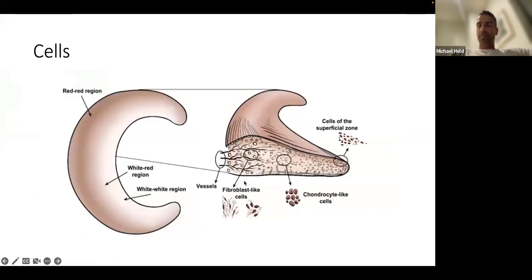We chatted about this. So fibroblasts are located mainly in the outer third, and the chondrocyte-like cells are in the inner third, and in the middle third and the inner third, these cells are becoming very small, flat cells with very little healing response.